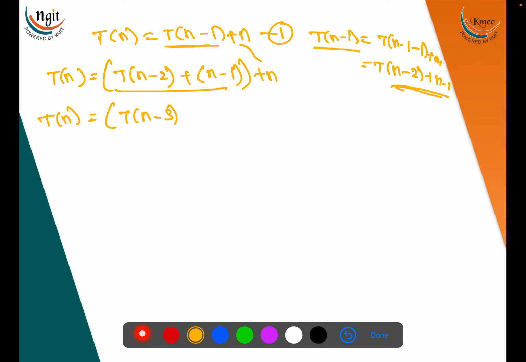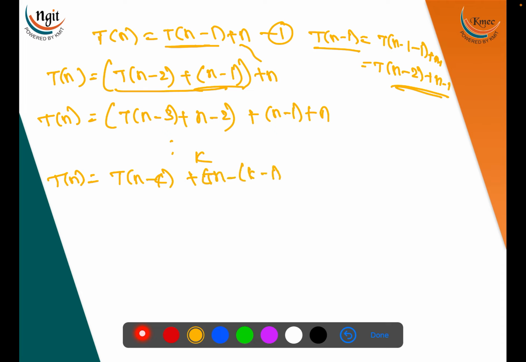That means T of n minus 3 plus n minus 2, as it is, plus n minus 1 plus n. And if you take k times, that will be T of n is equal to T of n minus k plus n minus k plus 1 plus n minus k plus 2 and so on up to n minus 1 plus n.